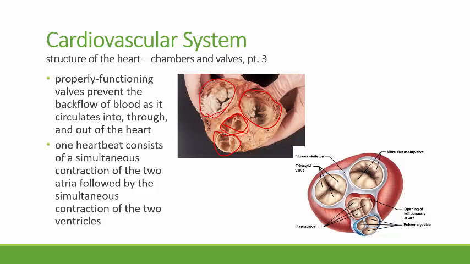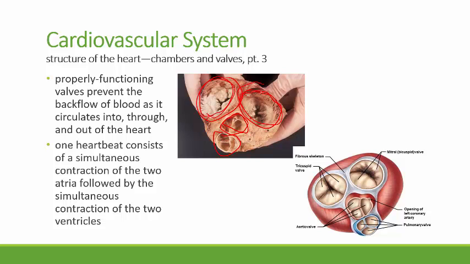So here we have the right side of the heart with the tricuspid valve. That's the atrioventricular valve in between the right atrium and the right ventricle. On this side, we have the bicuspid or mitral valve. That's the atrioventricular valve in between the left atrium and the left ventricle.